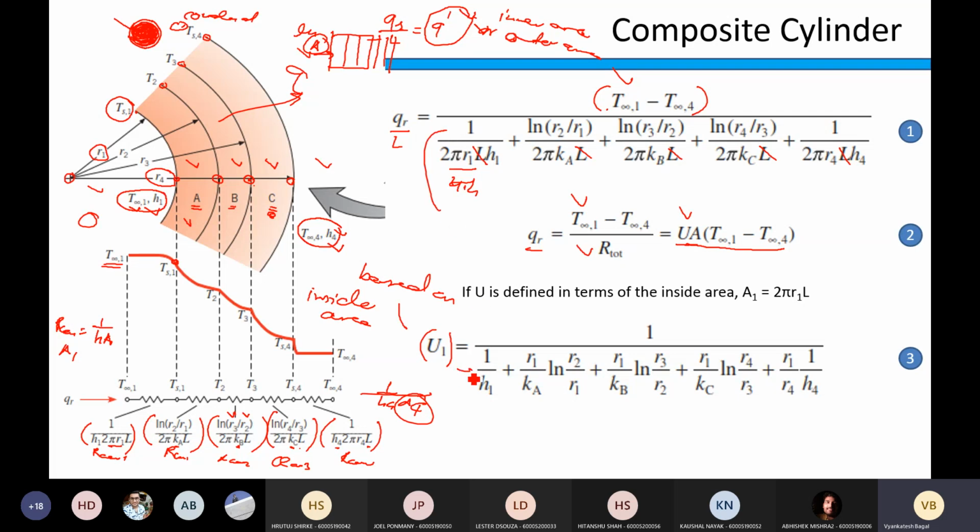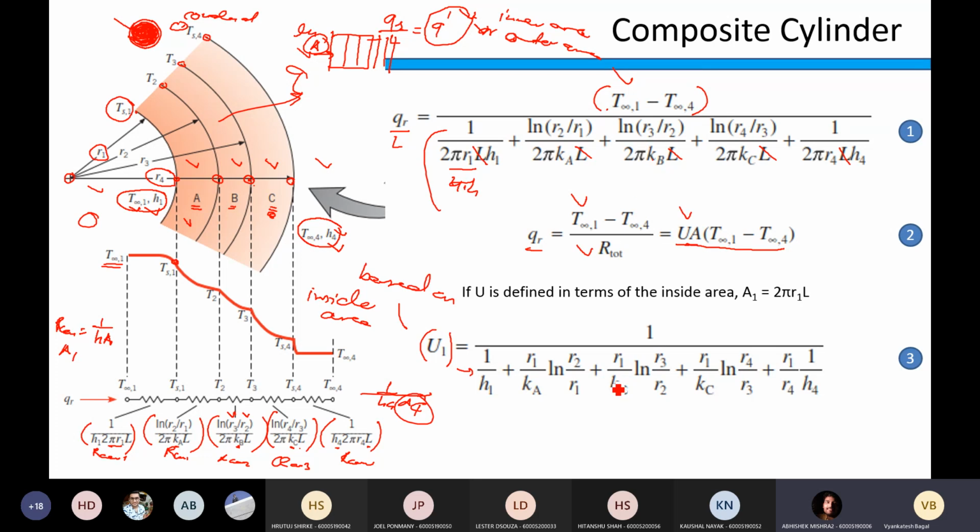The first term will evaluate like this. Similarly the other terms will evaluate in this form. We simply divide by 2 pi R1. So 2 pi will go, then R1 will go up, and this is how we get R1 upon K for the second term, and ln R2 by R1 will remain as it is. Similarly, ln R3 by R2 will remain as it is, and if you divide this by 2 pi R1, the same thing, R1 by K.